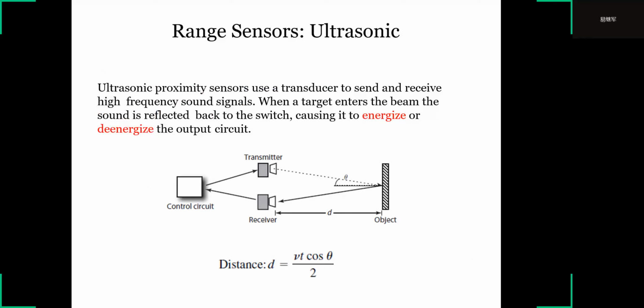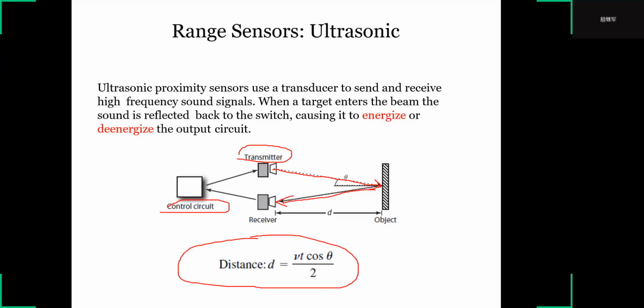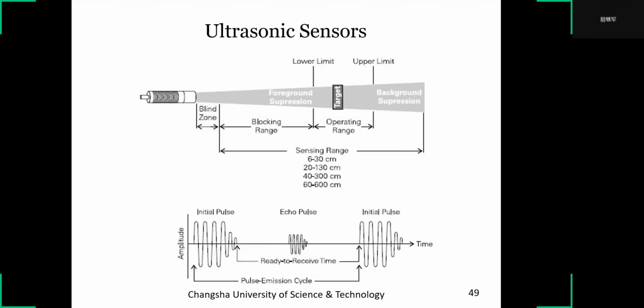The control circuit controls the transmitter to send an ultrasonic signal to the target. Then the ultrasonic signal is reflected back to the receiver. So the distance can be calculated by this equation.